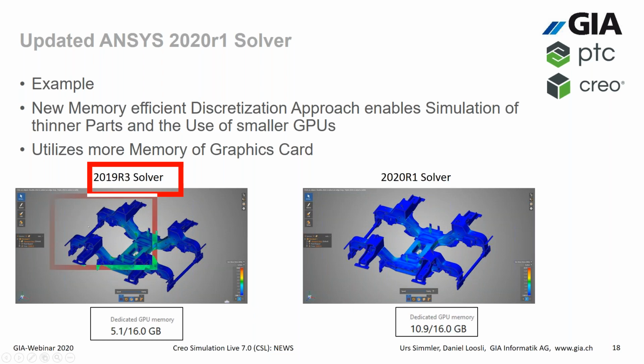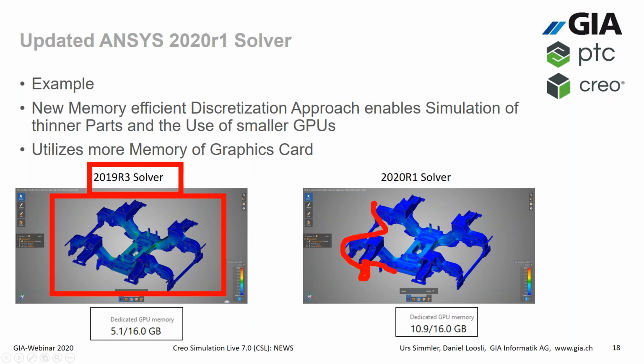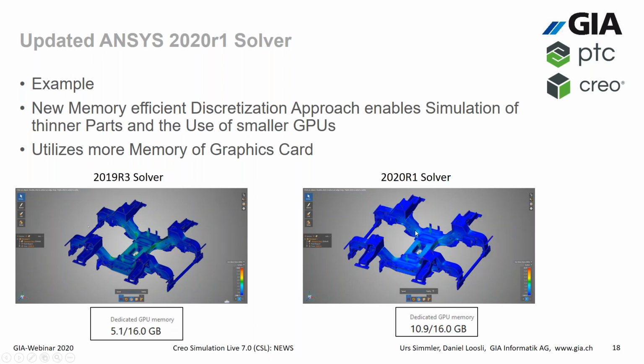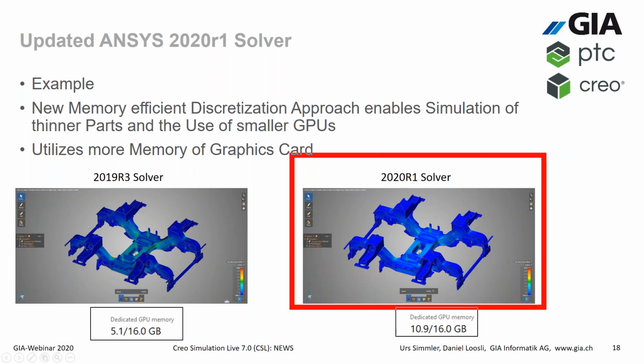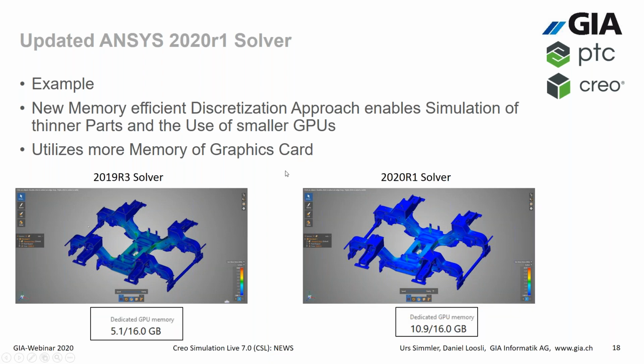It's not filling the bounding box with voxels, it's just filling the geometry here with voxels, or let's say elements. And by the way, the new solver here uses much more power of the GPU. So in the old solver, it was below 30%, and in the new solver, which comes out in about a month, more than 60% of the GPU power will be used.